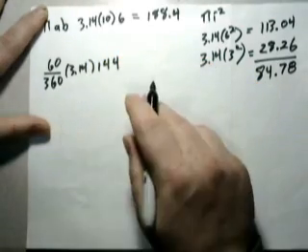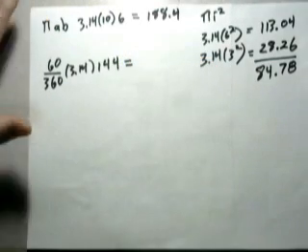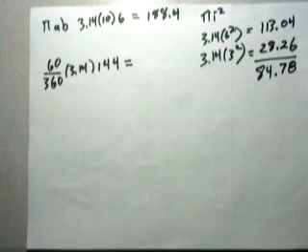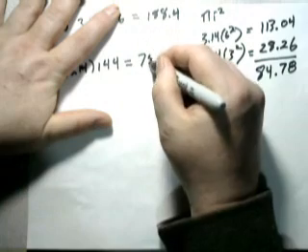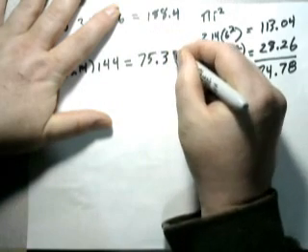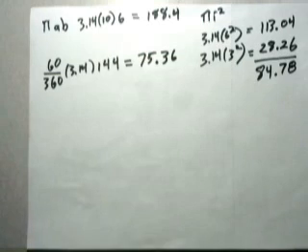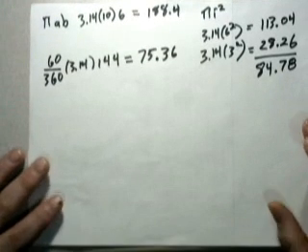So this will get me the area of the entire sector. Then once I get that, I can subtract the area of the triangle. So we've got 60 over 360 times 3.14 times 144. That's 75.36. So that is the area of the sector.